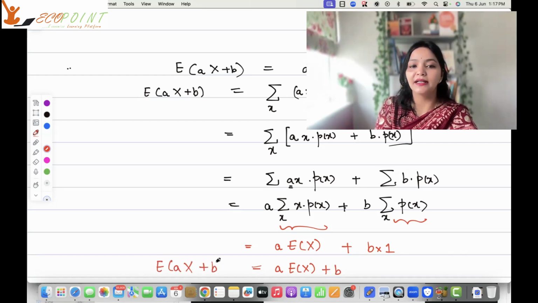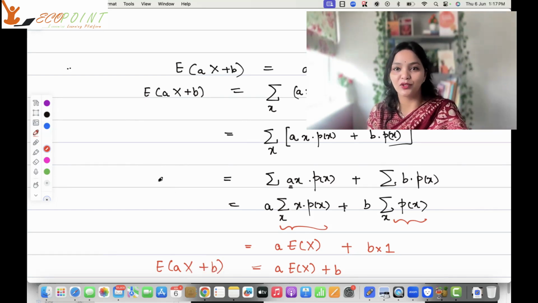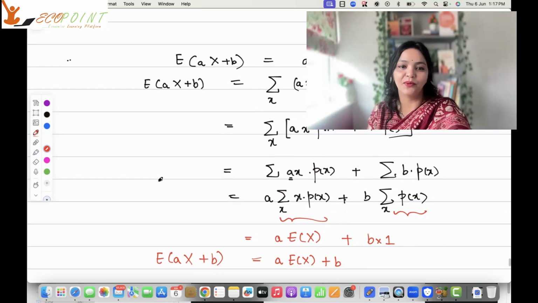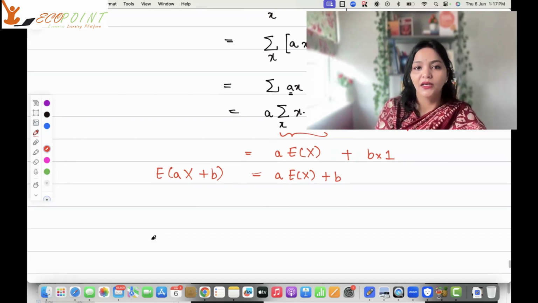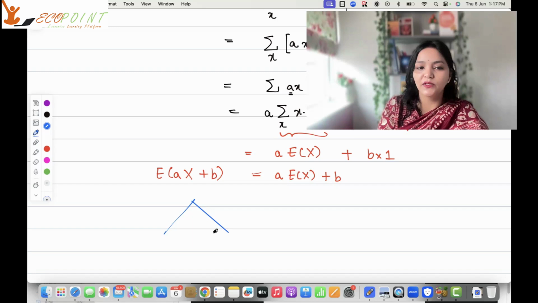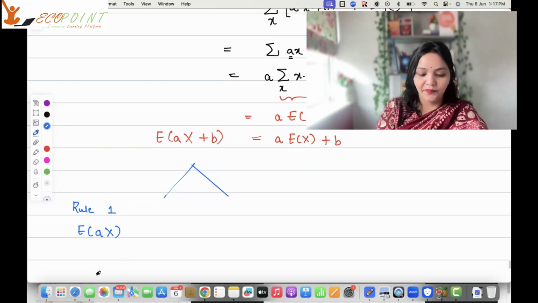I started off with claiming that expected value of a linear function ax plus b is nothing but the linear function at the expected value of x. So what we have used here are two rules. This proof, you can bifurcate it into two rules. Rule number 1, that in case you are trying to find out the expected value of ax, a times x, expected value of a times x is nothing but a times expected value of x.